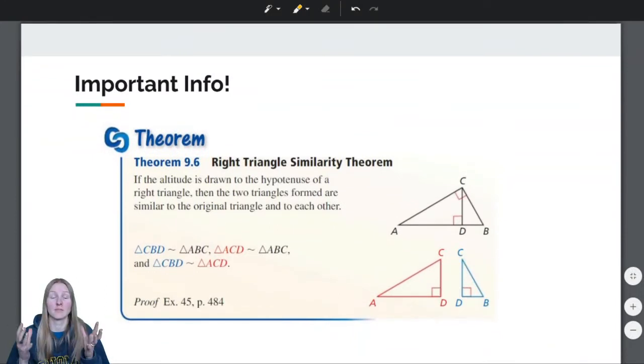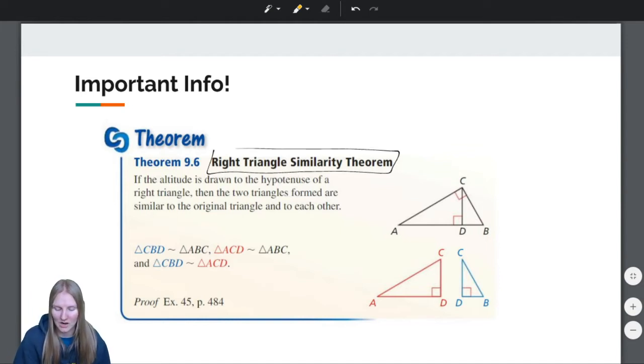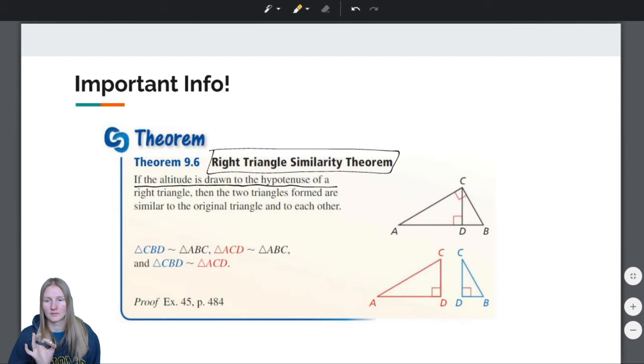The theorem for today, the theorem for section 9.3, the right triangle similarity theorem. What this theorem says is, if the altitude is drawn to the hypotenuse of a right triangle, so if we take the vertex, right, an altitude starts at a vertex and goes to the opposite side.